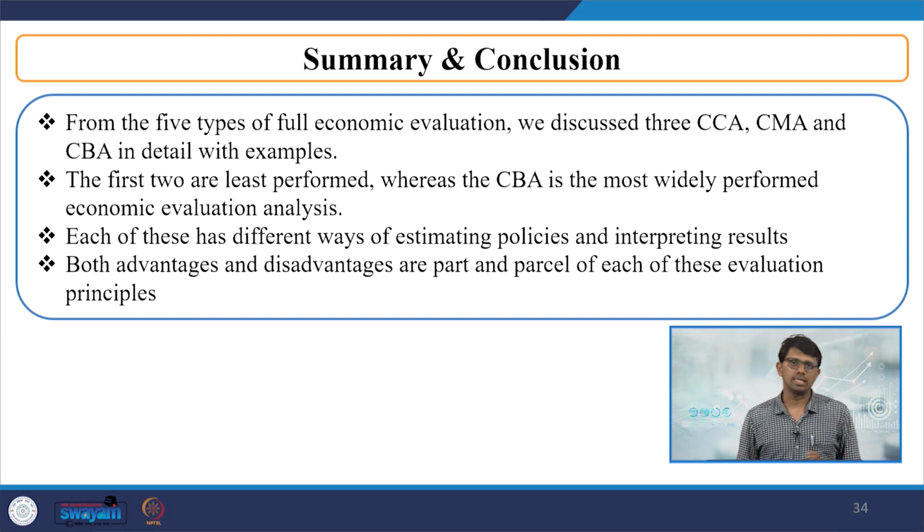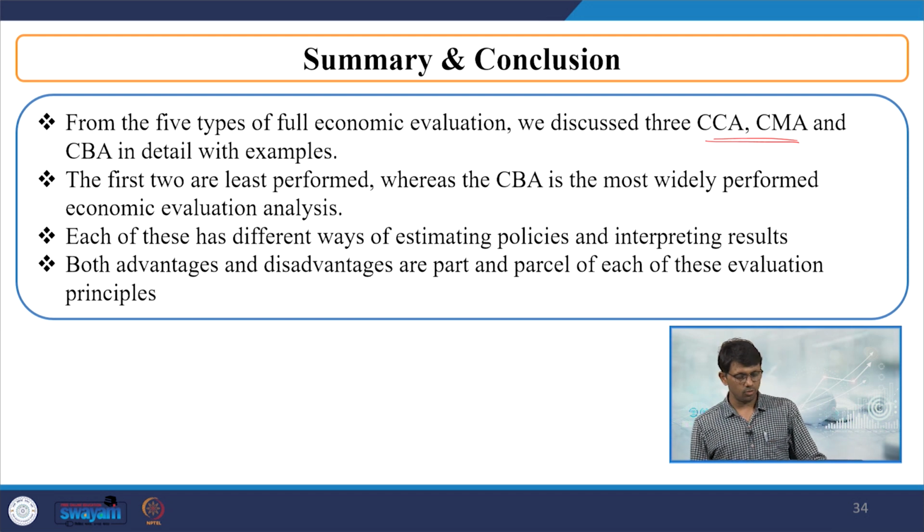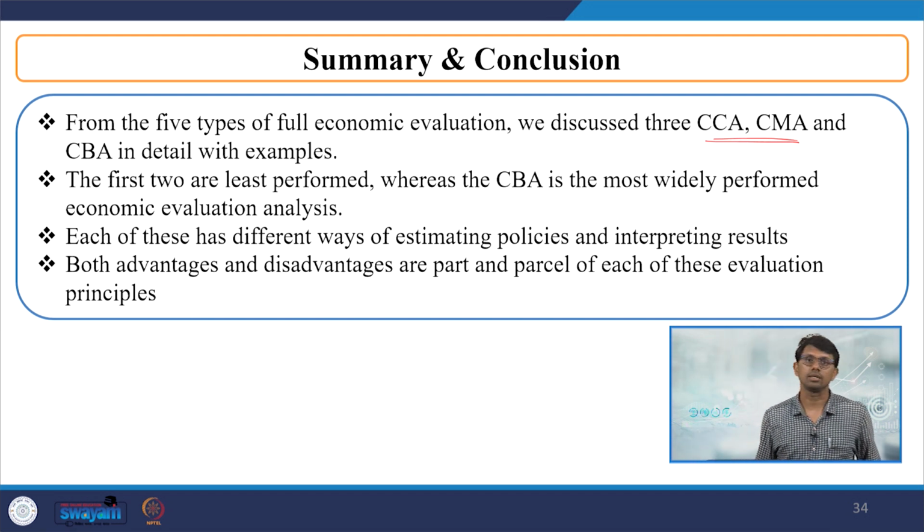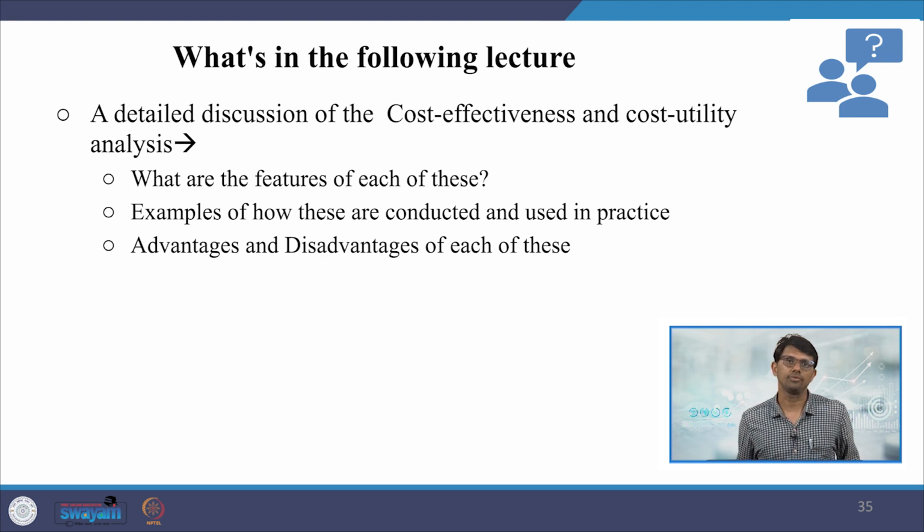The first 2 are least preferred, whereas CBA is the most preferred. Each of these has different ways of estimating policies and interpreting results, and both advantages and disadvantages are part and parcel of these evaluation principles and can be applied in different contexts.